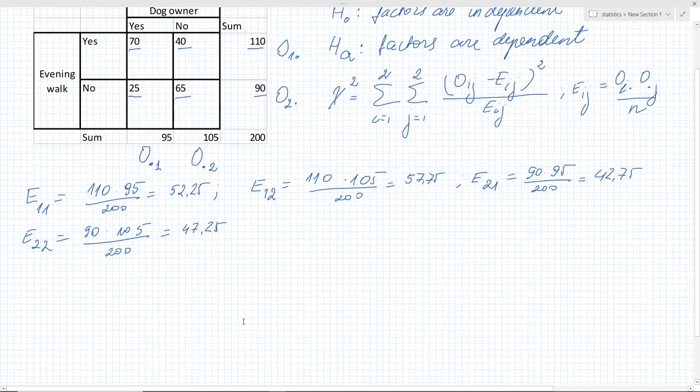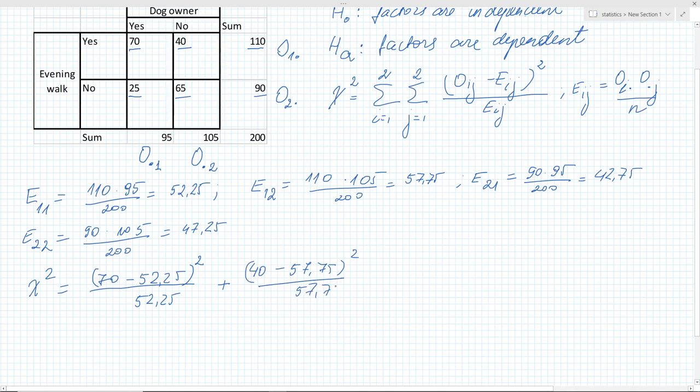Now the test statistic chi-square is a sum where the first element is the value from the first cell of the table minus E11, squared, divided by E11, and in the same way we compute the second element from the sum, as well as the third element and the fourth element.